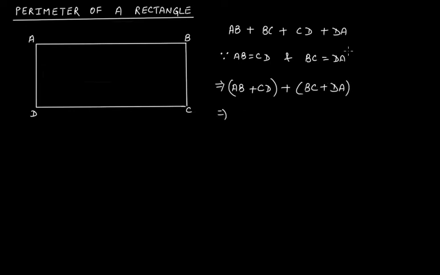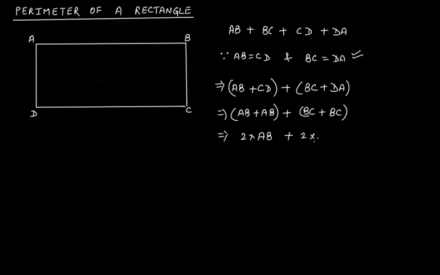Now if I replace CD by AB, this is AB plus AB, because they are equal, plus BC plus BC. I have replaced DA with BC.